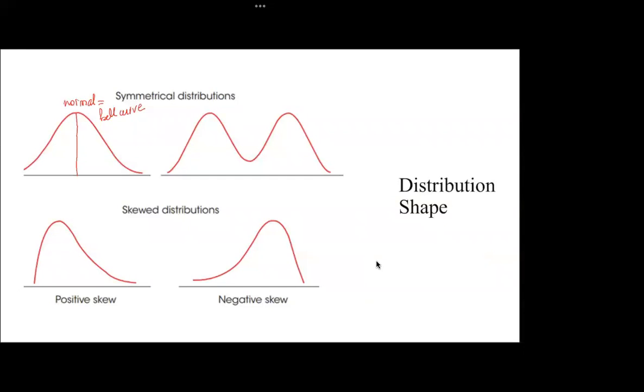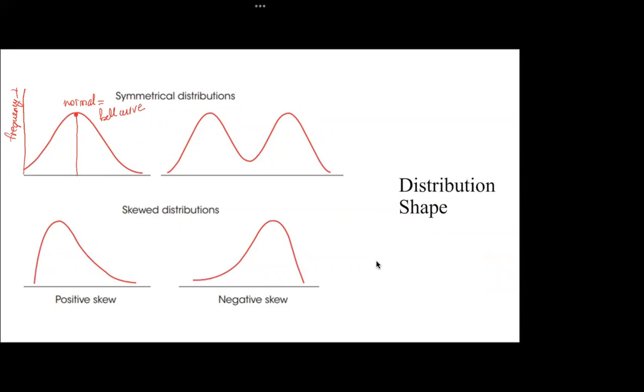Again, we're talking about frequency distributions, so we always want to imagine this y-axis that tells us the frequency, and the x-axis is whatever variable we are representing. And so the middlemost point is also the most frequent category in a normal bell curve distribution.